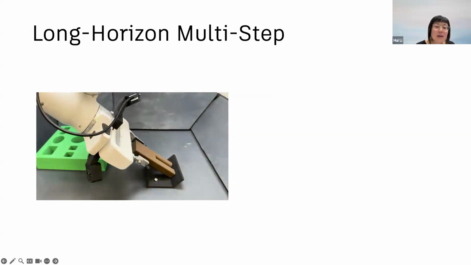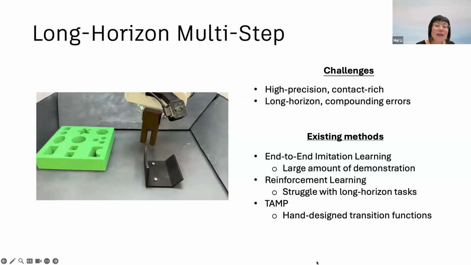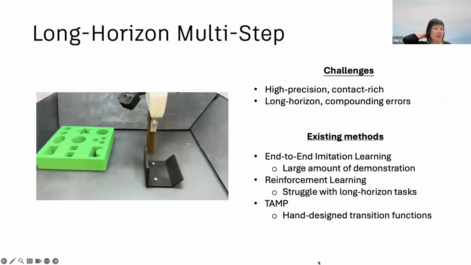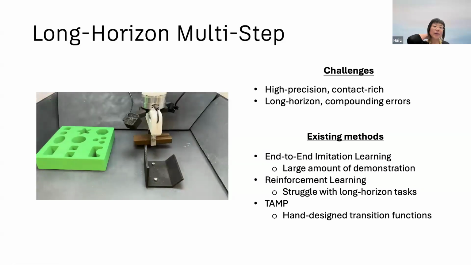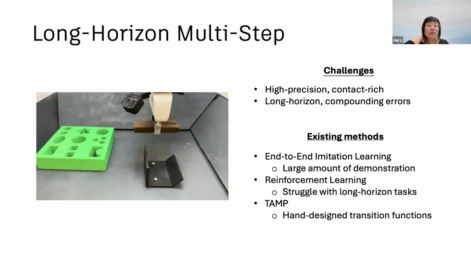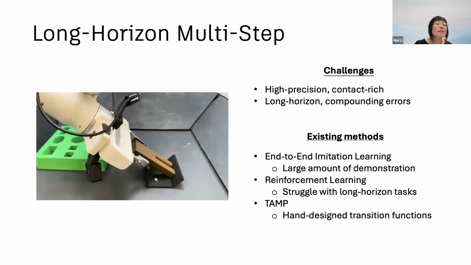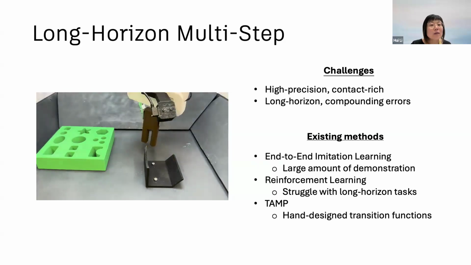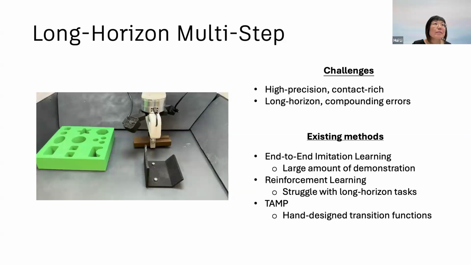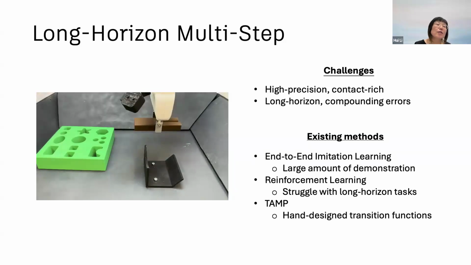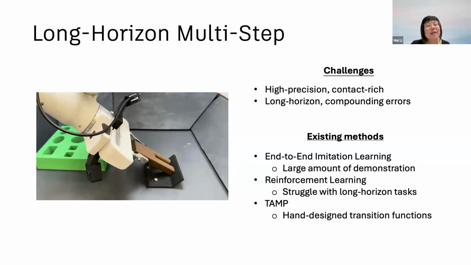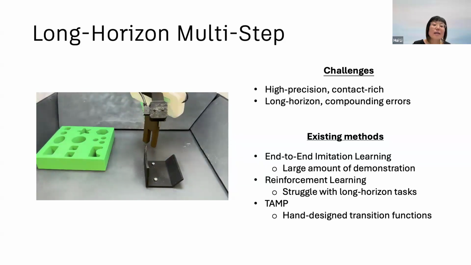So multiple steps. When we look at such long horizon tasks, there are some challenges. There is still the high-precision, contact-rich part that we need to figure out for insertion. But for the long horizon task, we can't just sequence the different steps together because the errors will compound and it will not work. There are some existing methods. There's end-to-end imitation learning, but that requires a large amount of human demonstrations, like many talks have mentioned.